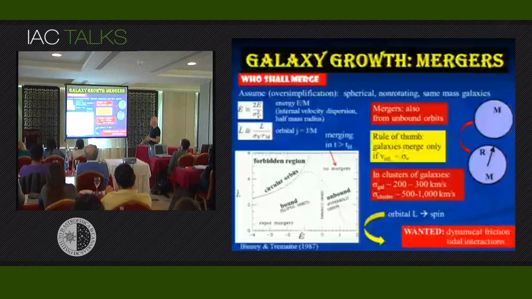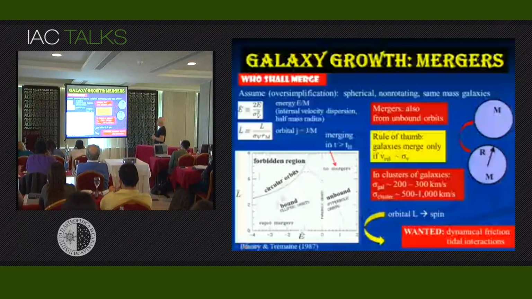I didn't have time to change, so we will use Binney and Tremaine letters. And so what you have here is the diagram of specific angular momentum versus energy per unit mass.